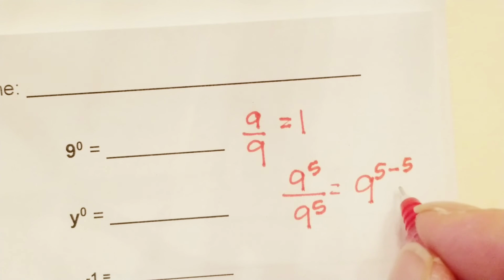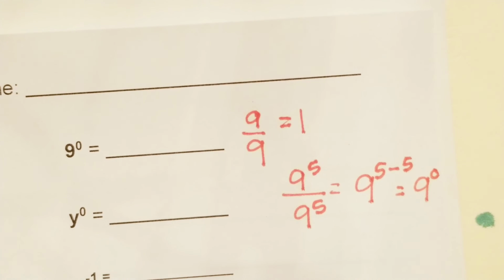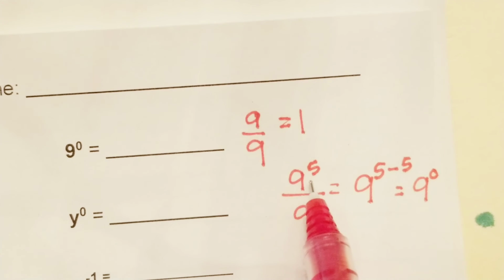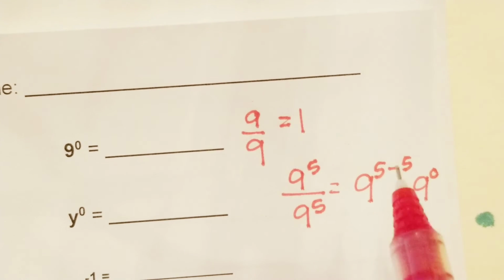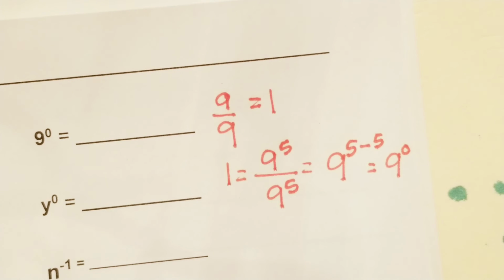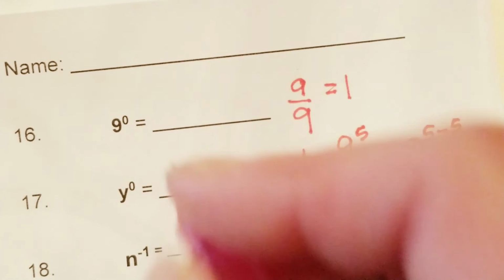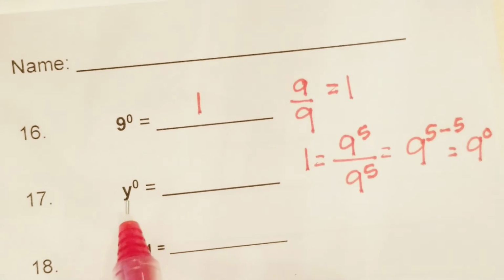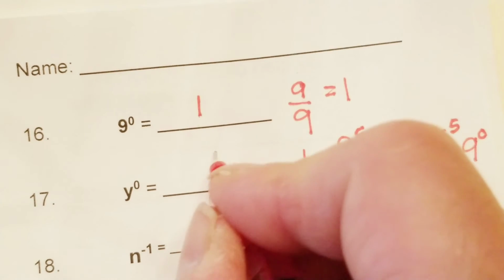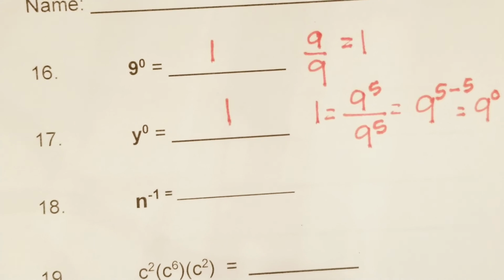And that gives us 9 to the 0 power. And we also know that anything divided by itself is 1. So I just proved that anything to the 0 power is 1. Okay? So y to the 0 power is 1.